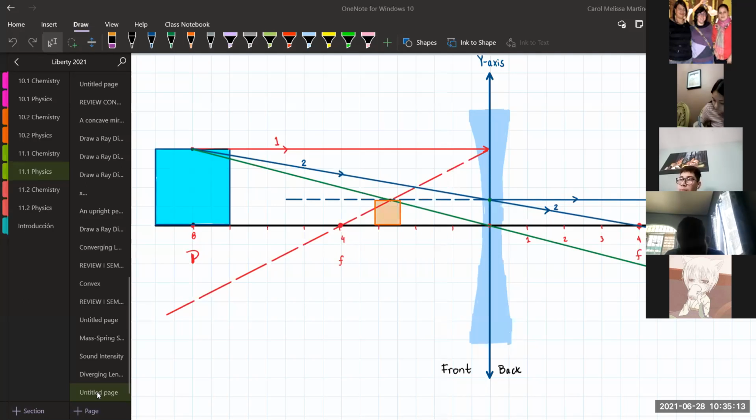And it's good that you indicate that this is the image and the other object is actually the object, like that. And with this, you sketch that ray diagram, and then you compare if it makes sense.